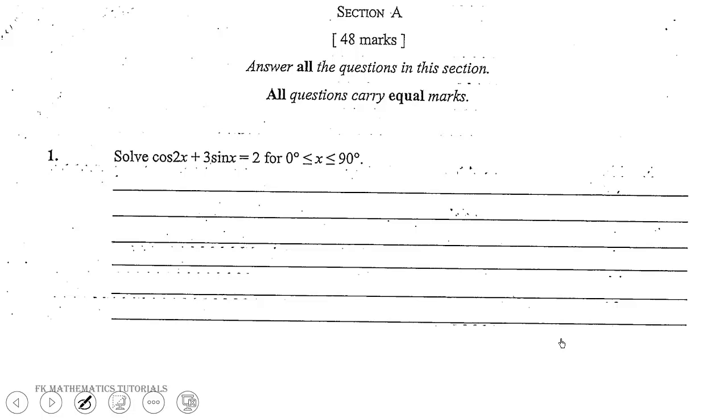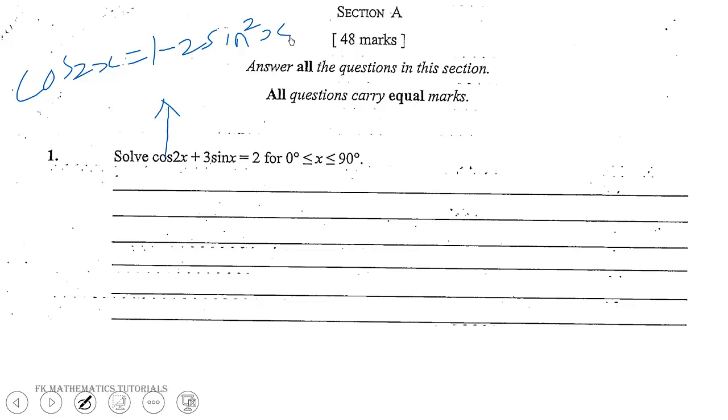So you remember that cos 2x is the same as, so cos 2x is equal to 1 minus 2 sin²x, from double angles.